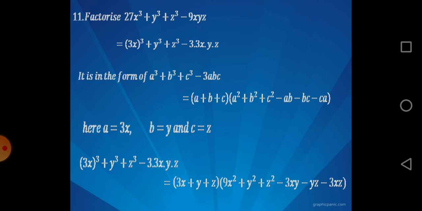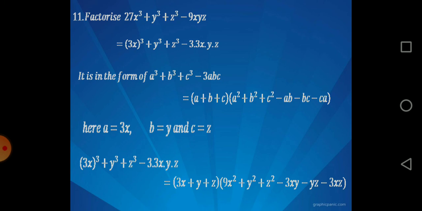Factorize 27x cube plus y cube plus z cube minus 9xyz. Again observe the question. Here three terms are in the form of a cube plus b cube plus c cube. And the last one, whether it is in the form of minus 3abc, let us check. 27x cube I am writing as 3x whole cube.